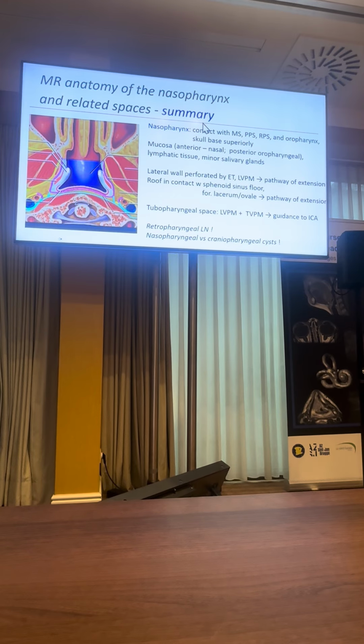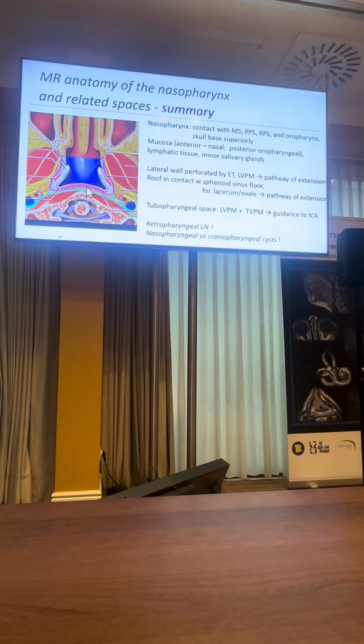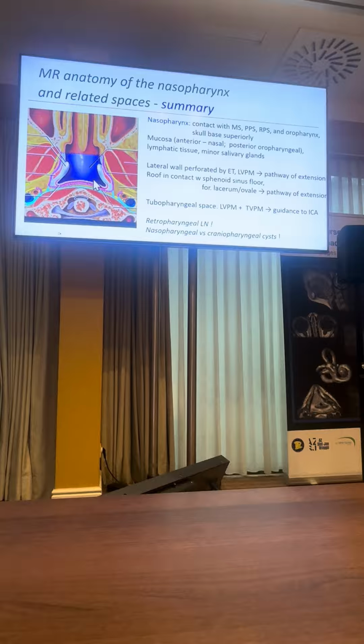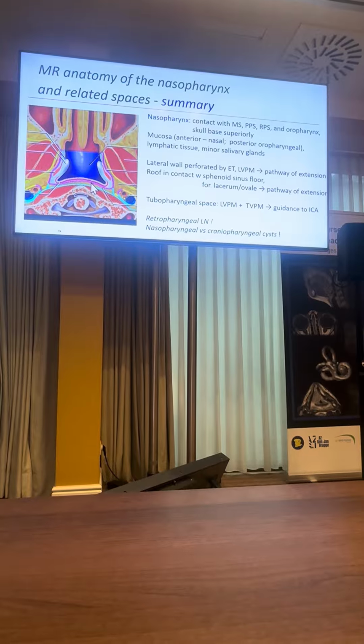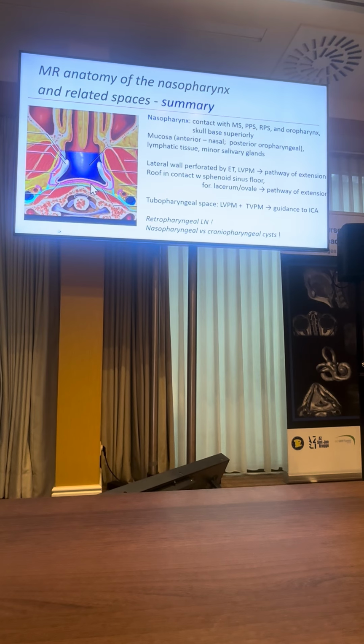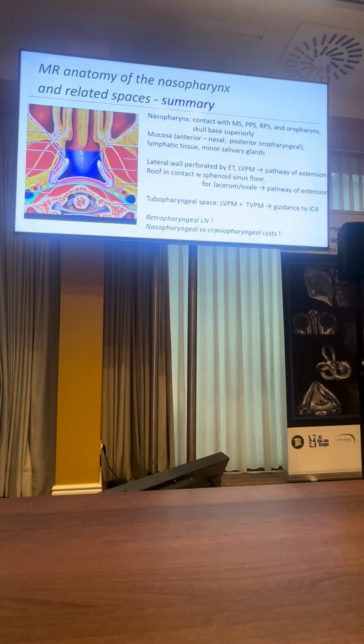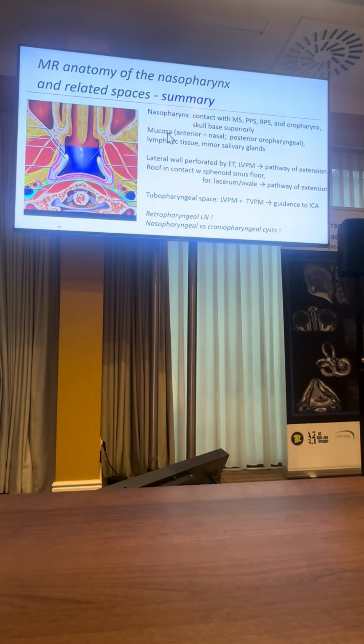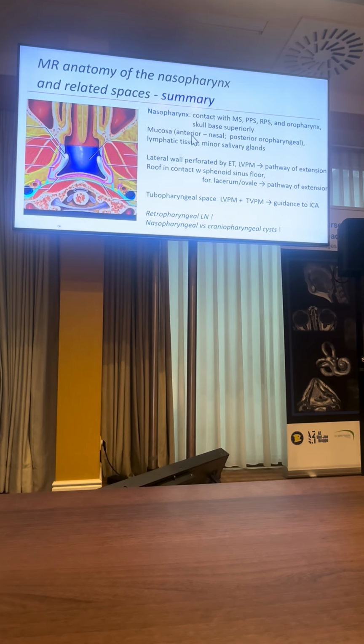So let's summarize. The nasopharynx is in contact with the masticator space, the parapharyngeal space, the retropharyngeal space, in contact with the oropharynx inferiorly, and the skull base superiorly. It contains mucosa, and we heard that it's thinner anteriorly because it resembles the nasal cavity squamous epithelium.